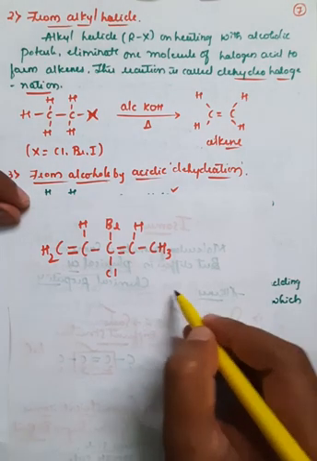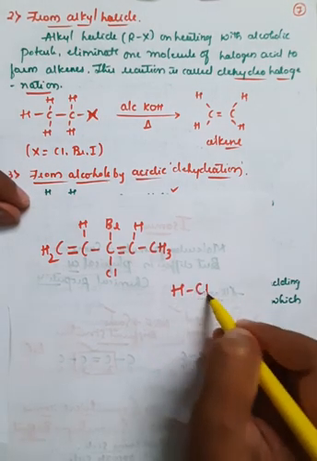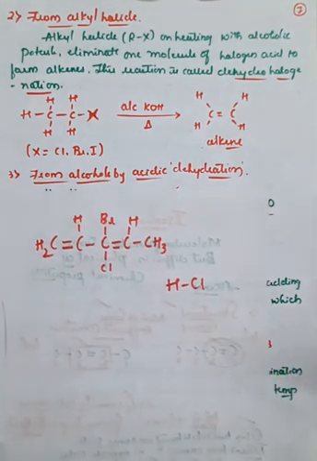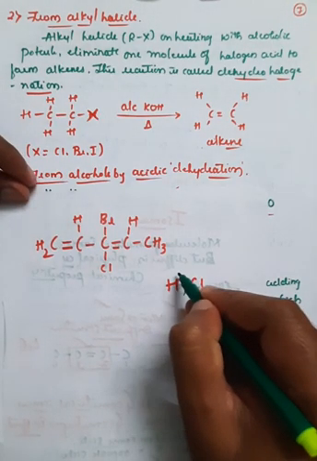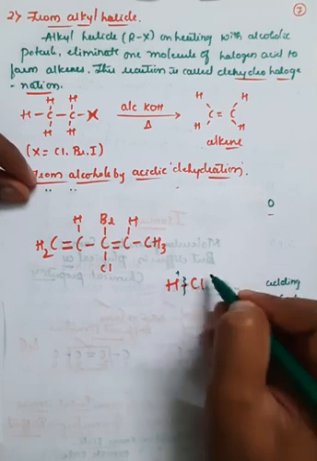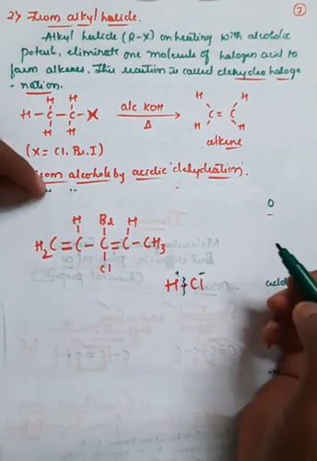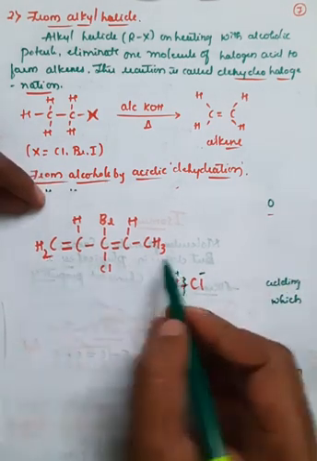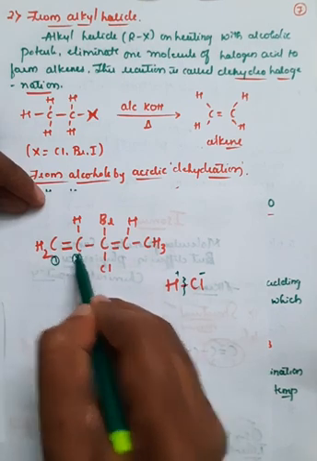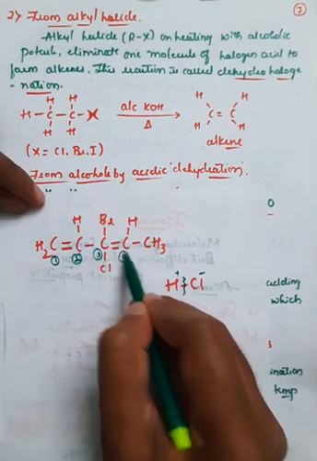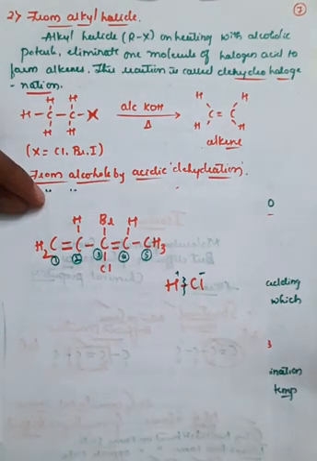So if you take HCl, what happens? The hydrogen is bonded with chlorine. If you divide this, it is H plus and Cl minus. So here, out of 5 carbons, this is the 1st carbon, 2nd carbon, 3rd carbon, 4th carbon and 5th carbon. Alright.